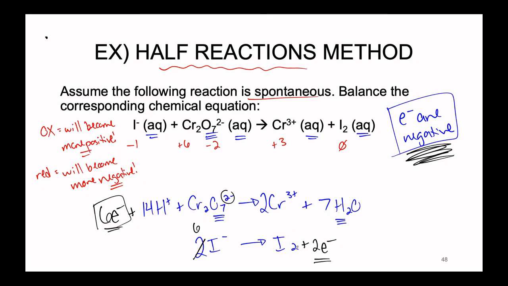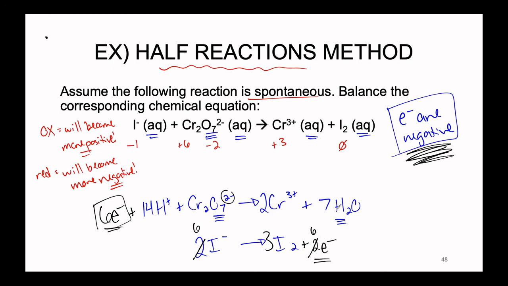We don't need 1 I2, we need 3 I2s. And when we bring together these 6 I minuses and generate these 3 I2s, we're also generating 6 electrons in the process. These 6 electrons will get used by the reduction step as they come together with the H pluses and the chromates to generate these products here.